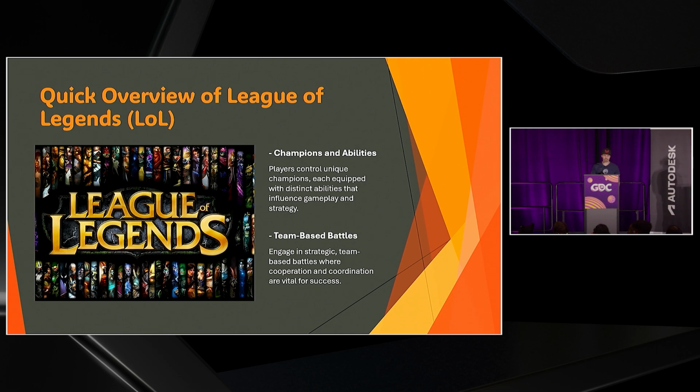All of them have distinct abilities, and the gameplay and the strategy influence each different ability. The animation helps us make this more clear. It's a team-based game, 5v5. You have different lanes, different types of champs, and that's where we can push our animation.